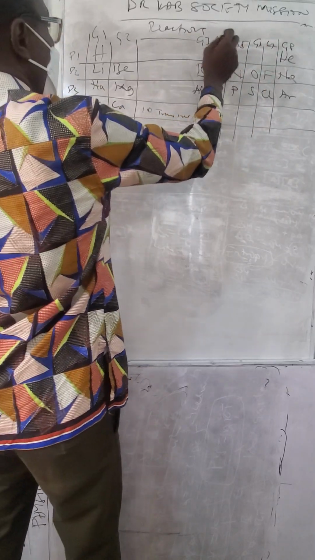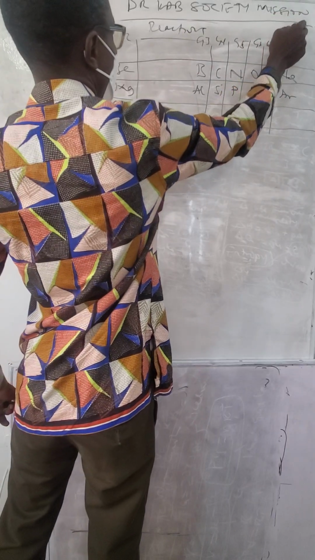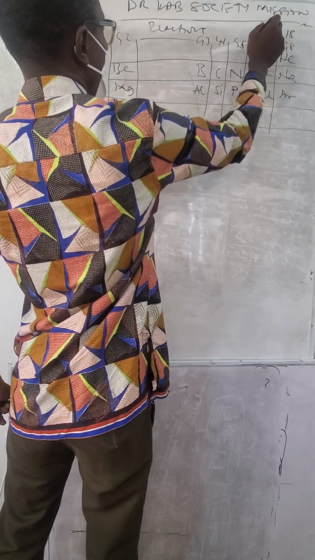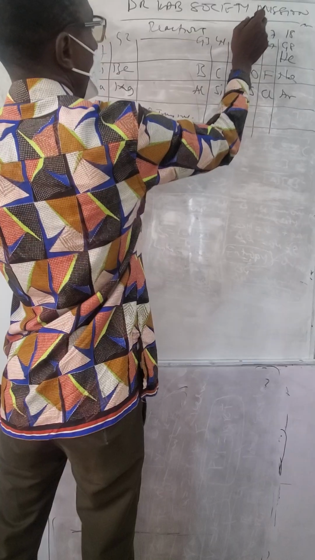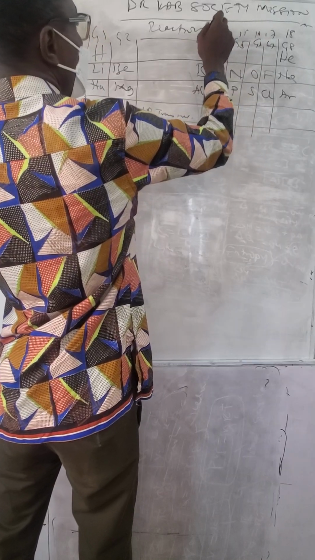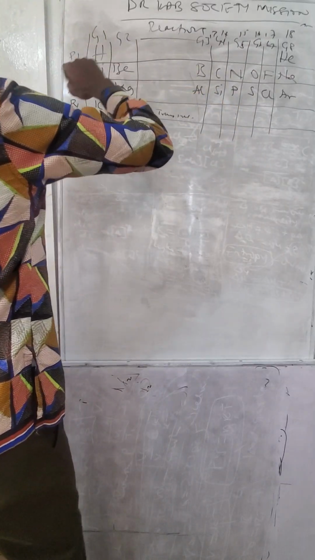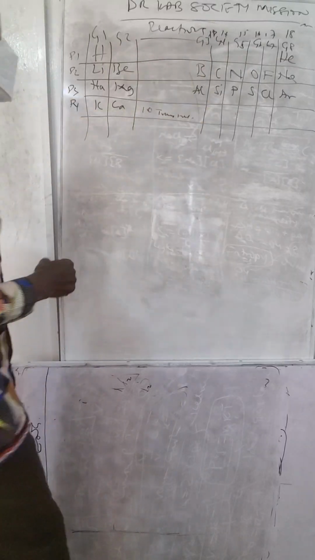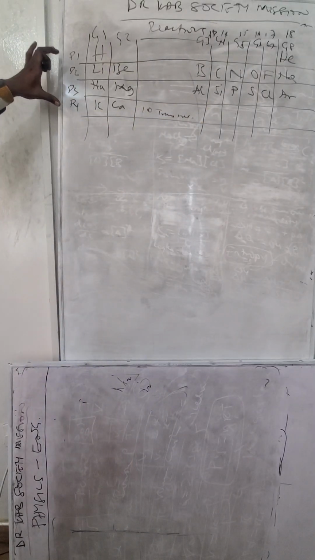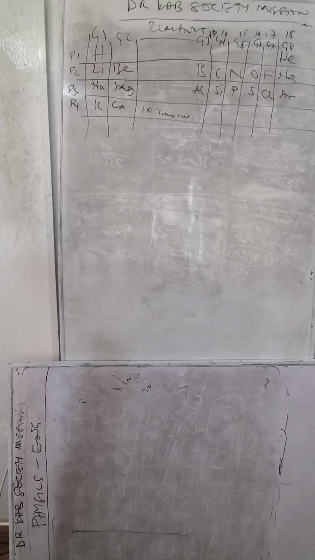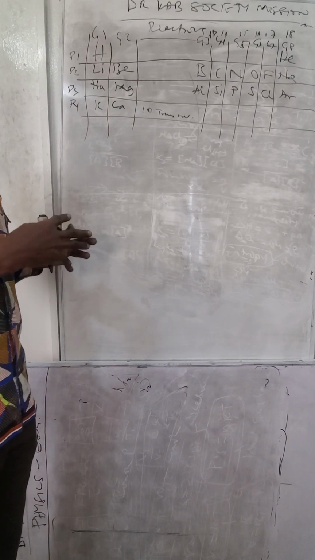But this is the old system. So this is rather 18. We have 17, 16, 15, 14, 13. So that is how you always get your periodic table, the modern periodic table, of course, which depends on the atomic number.